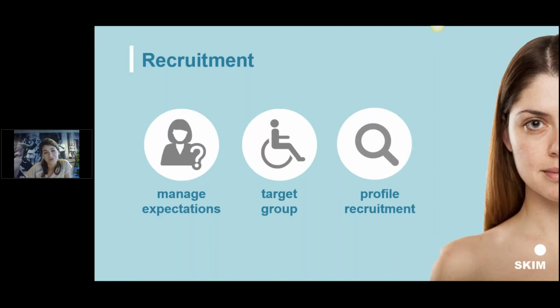And patients really appreciate understanding the way they can be of help. So management of expectations is not only important for the quality of data, but also for the recruitment in general, for lowering the dropout rate.